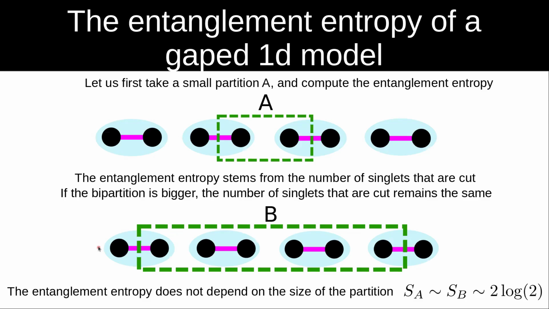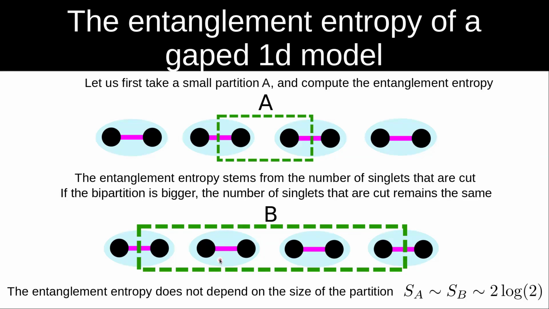If you have an infinite one-dimensional chain with this type of dimerization, you could make many different choices for the bipartition of the system. You could take a subsystem A that just includes these two dimers over here, or a bipartition B that contains all these different dimers over there.